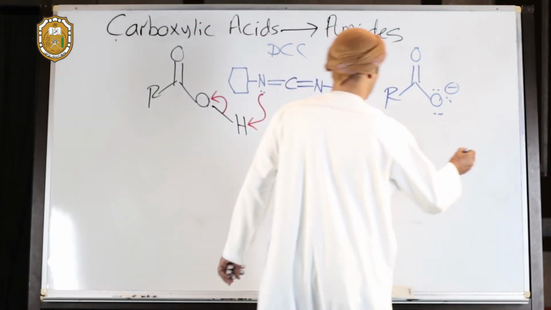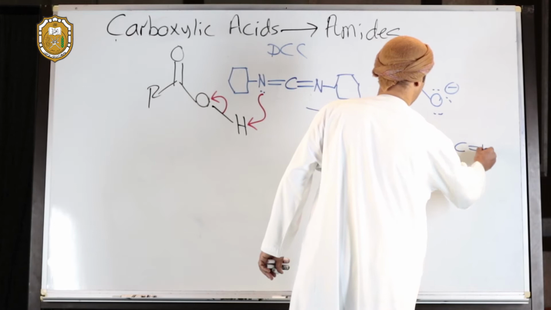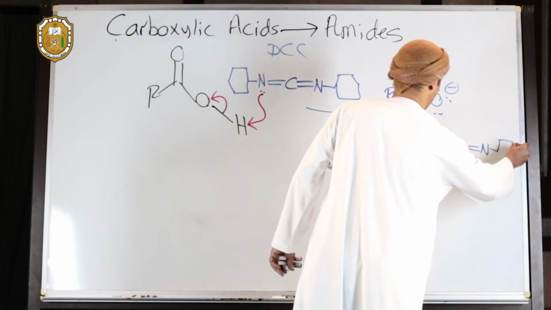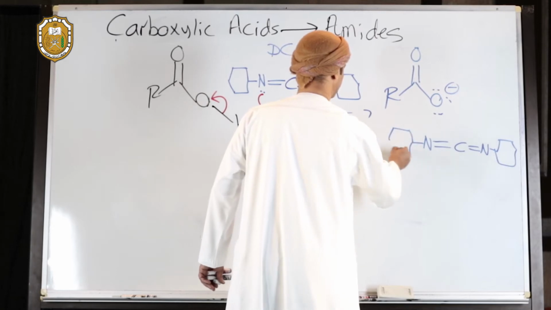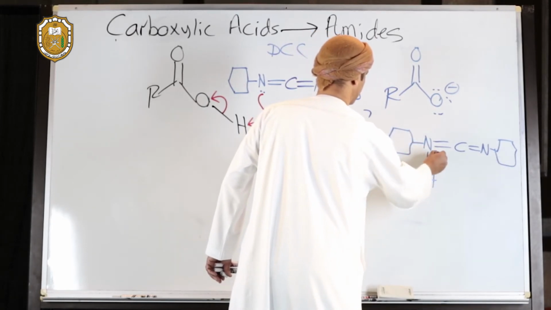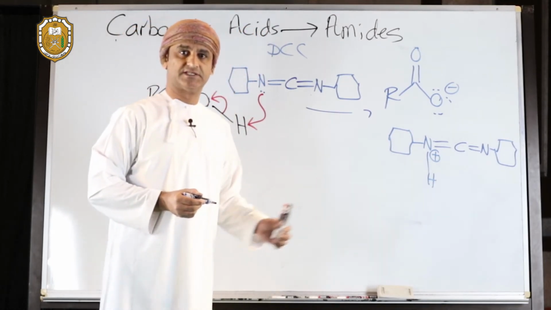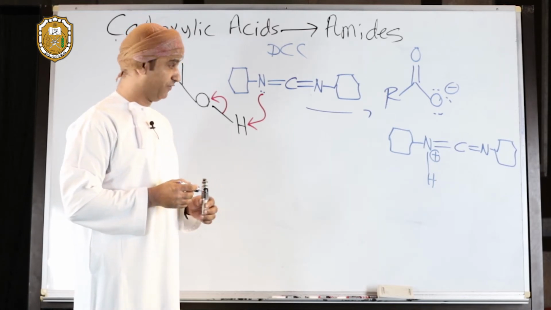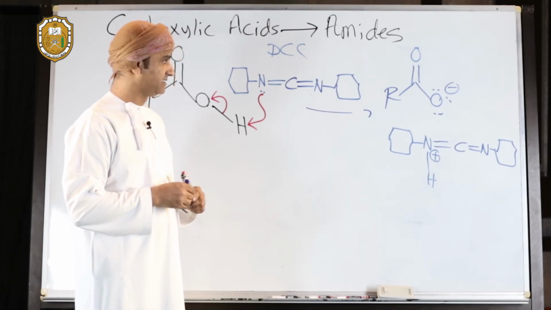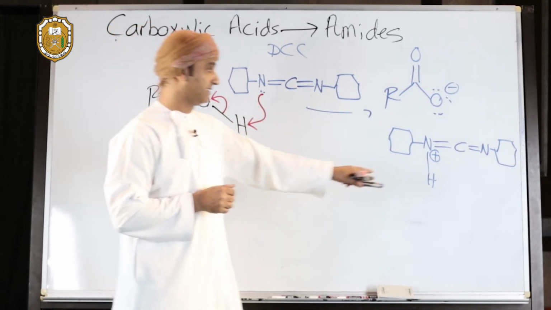Let's draw the DCC conjugate acid. So this is the other intermediate that should form. So what happens next is that the carboxylate ion, being a nucleophile, will attack this carbon.